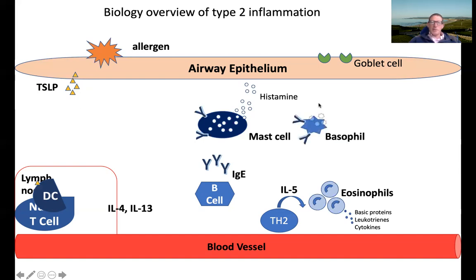Same thing happens in basophils as well, as you can see. And basophils also release another chemical mediator called leukotriene D4, which we'll talk about later on. Leukotriene D4 is important because not only does it attract eosinophils, but it also makes goblet cells produce mucus.